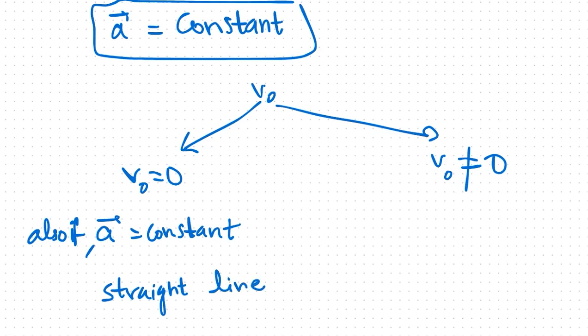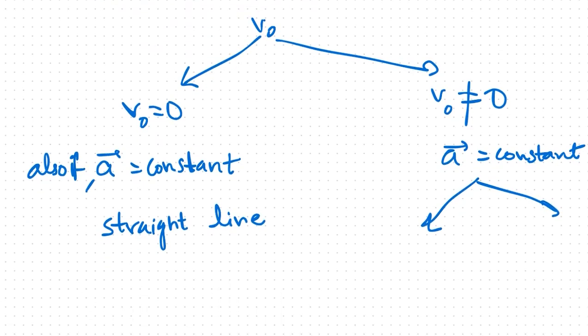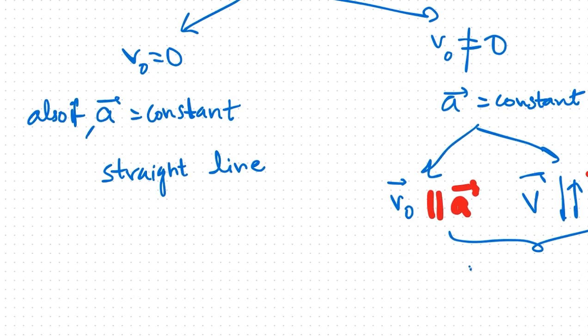If v0 is non-zero, initial velocity is not 0, and still acceleration is constant, we talk about two specific cases where v0 is parallel to A, and v0 is anti-parallel. The path will be a straight line. These are the three cases for a straight line.